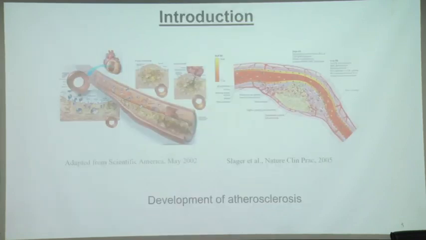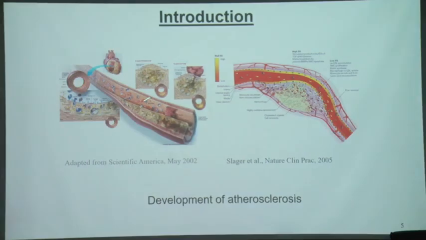Right, so some motivation for studying blood flow and mass transport in the cardiovascular system: atherosclerosis is a common disease. These cartoons taken from the literature describe the development of atherosclerosis and the role of blood flow, especially shear stress, in this process.